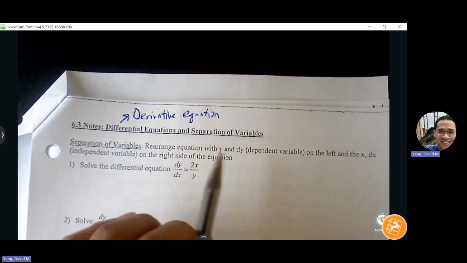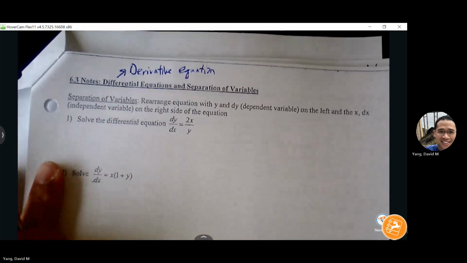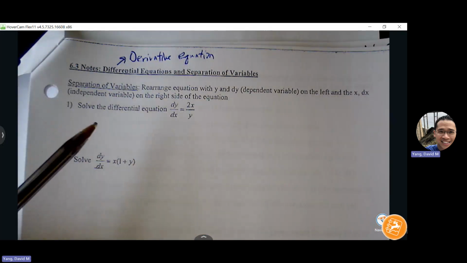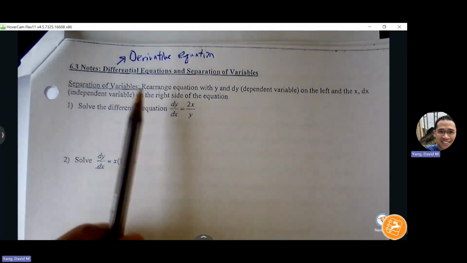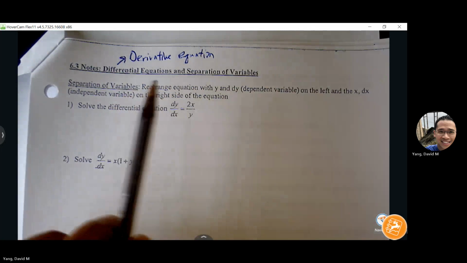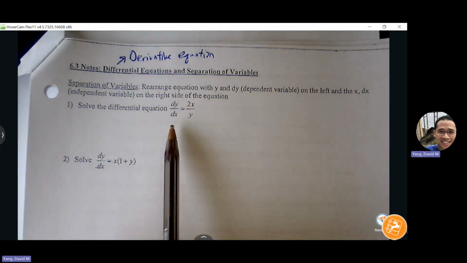That's all it is, right? And we've been doing that ever since we introduced the first fundamental theorem of calculus. But now we may have things that need some rearranging before we can take the antiderivative.